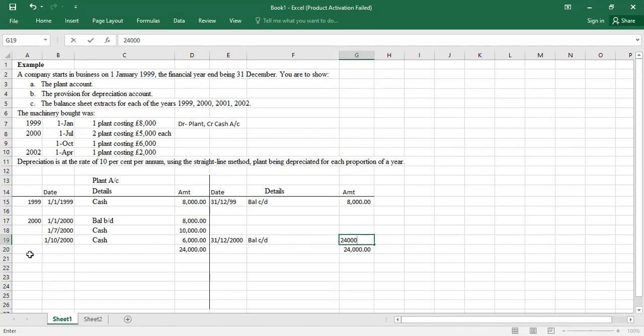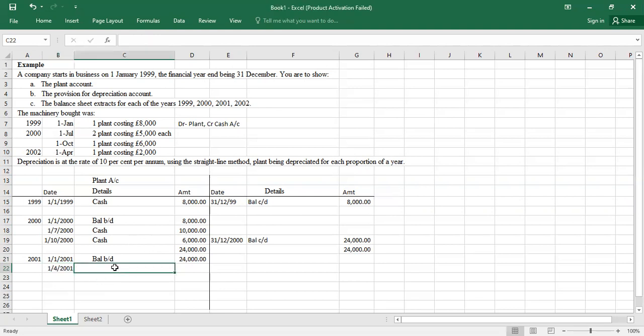So coming to the year 2001, on 1st January 2001, I have a balance brought downward of 24,000, right? Then in the same year, on 1st April, I'm acquiring another plant that is costing 2,000.